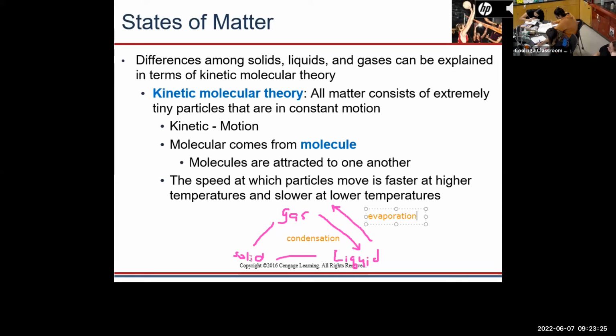Going from a solid to a liquid, melting. Going from a liquid to a solid, freezing.